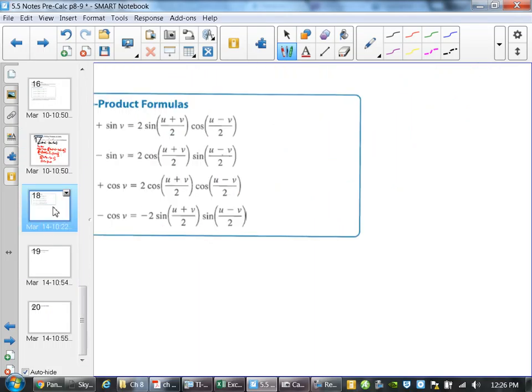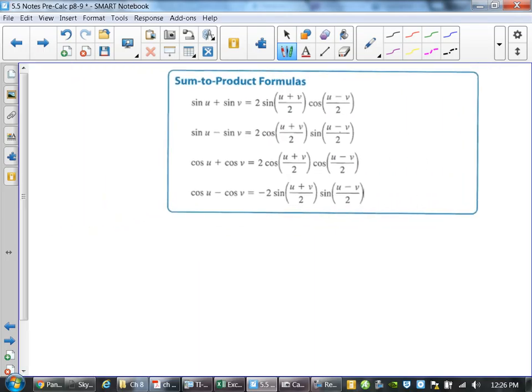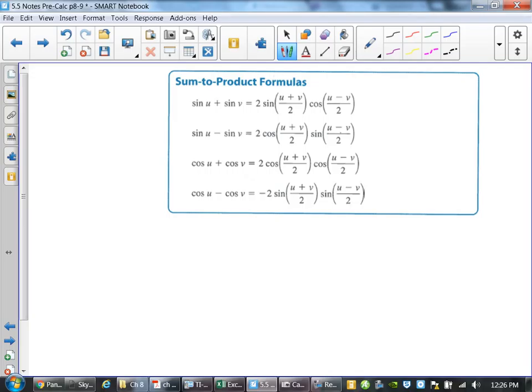Going the opposite direction is the sum or product. Now, all 4 of these are on here. I just double checked that one. All 4 of these are on here. What they did on this sine is different. They have it as plus or minus.